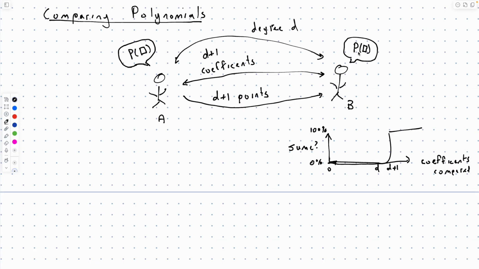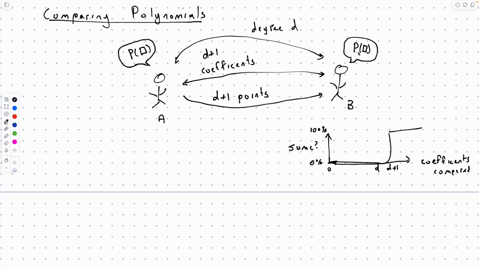What if I choose the points at random? So I choose 50 points at random. Then could I be at least a little more confident? If they agree on 50 points, it's a degree 100 polynomial, so I'm not 100% sure, but am I more than 0% sure that they're probably the same polynomial?